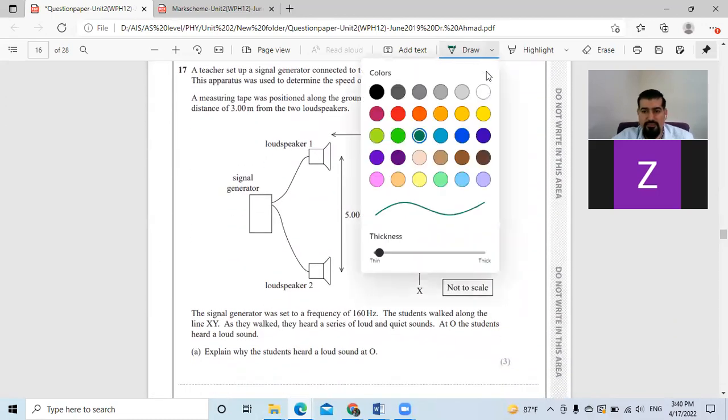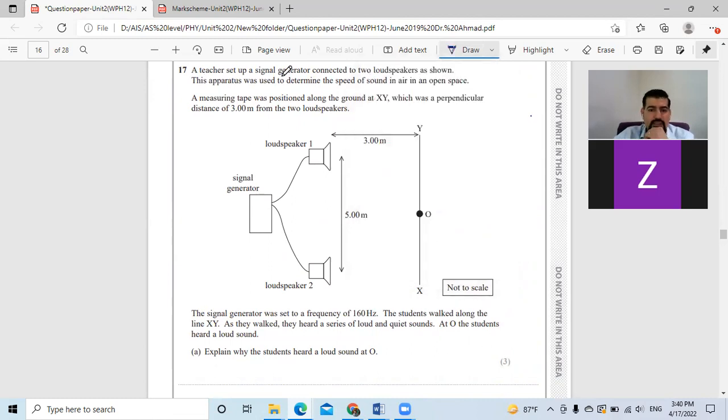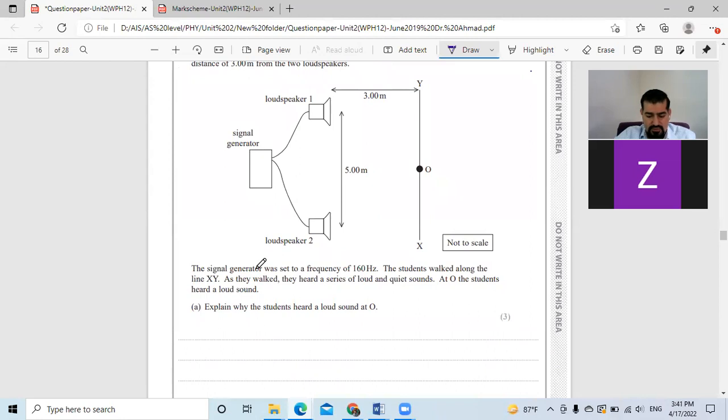Question 17. What do they ask? A teacher set up a signal generator connected to 2 loudspeakers as shown. This appears to be used to determine the speed of sound in air in an open space. A measuring tape was positioned along the ground at XY, at a perpendicular distance of 3 meters from the 2 loudspeakers.